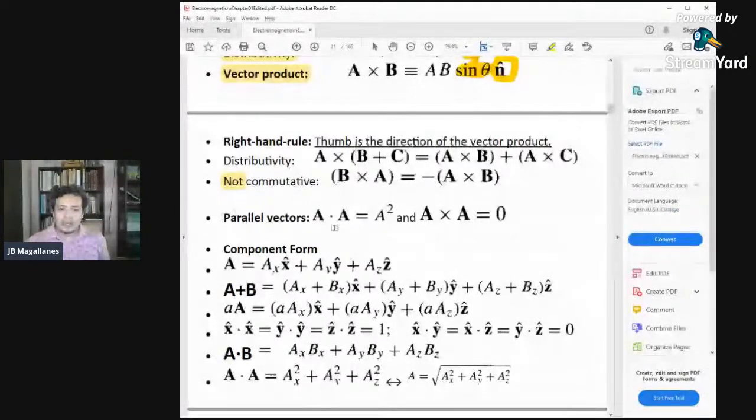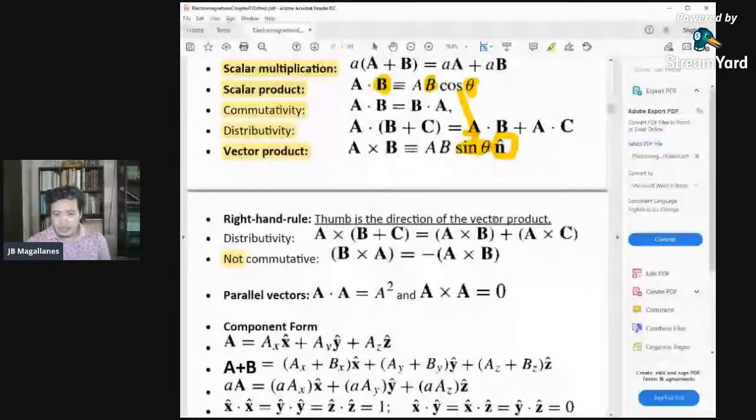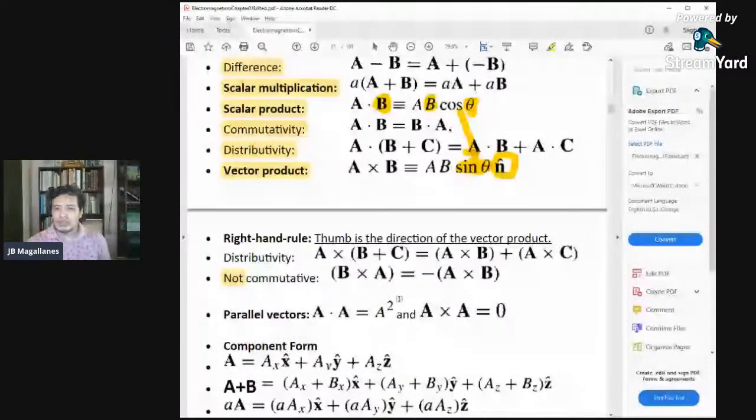So for your dot product with itself, the angle between A and A is zero, so the dot product is just A squared, because cosine zero is equal to one. And for the cross product, A cross A, you have A and A, but sine of zero is equal to zero, so everything would be zero, a zero vector.